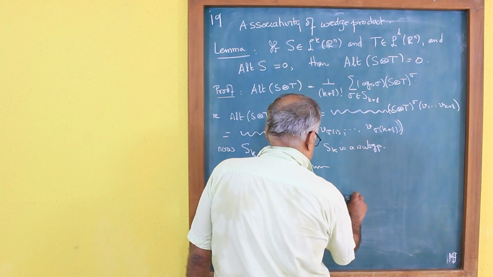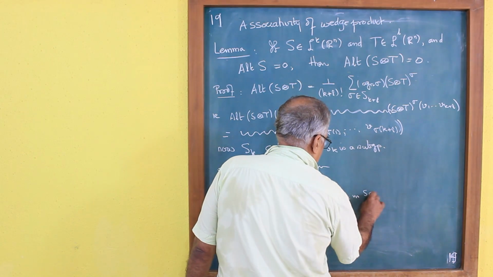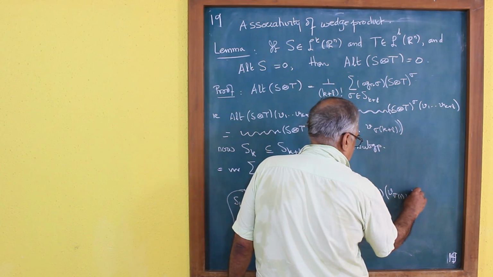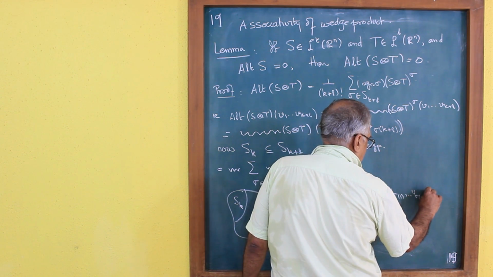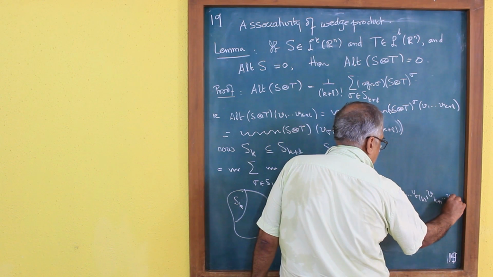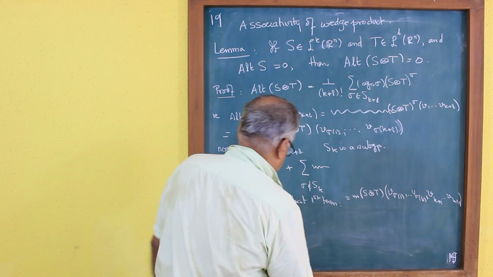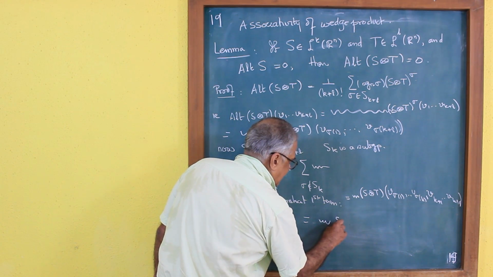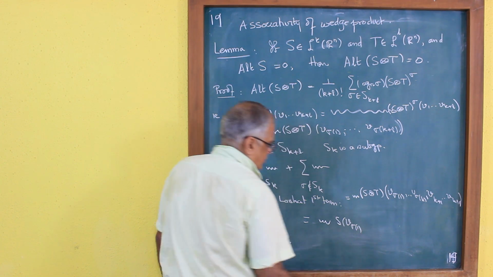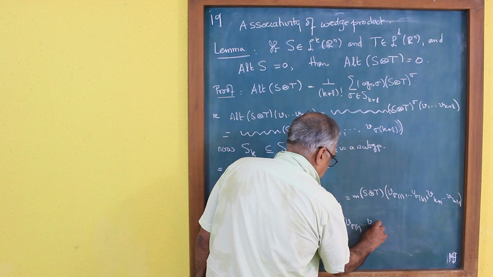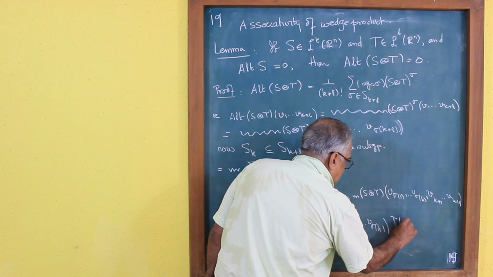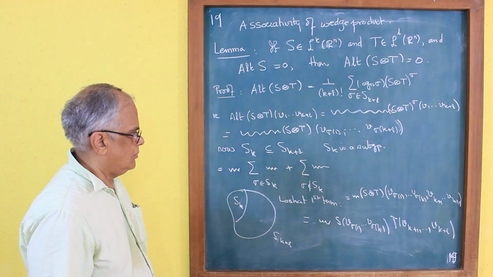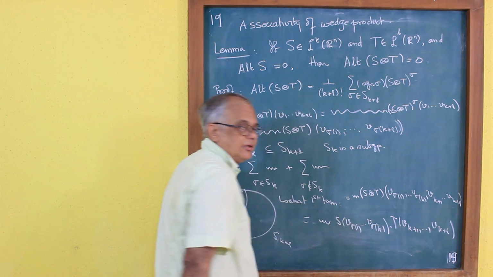So this term is equal to all the terms that I have here, and then S tensor T of which is equal to, by definition of the tensor product, S times T, this is a multiplication. Yes?